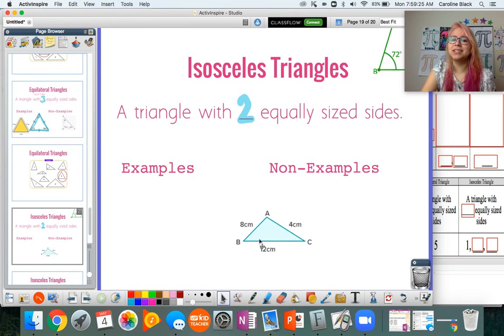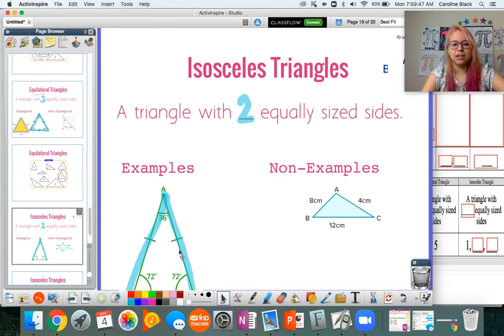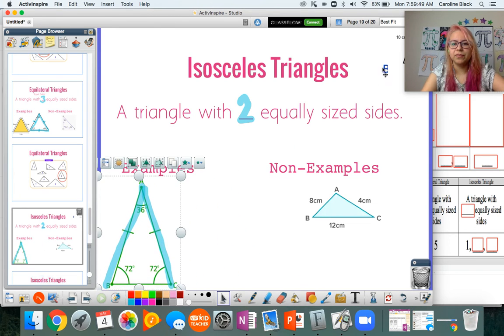They're all different. That's not an isosceles triangle. We have tick marks again. This has 2 tick marks, meaning 2 of the sides are equal. This side is equal to this side. Awesome. So this is isosceles.